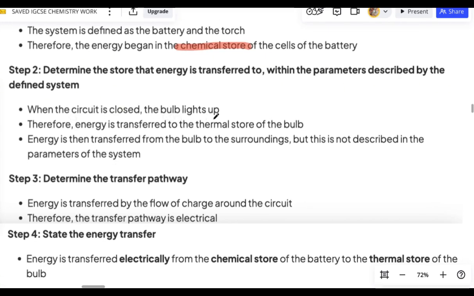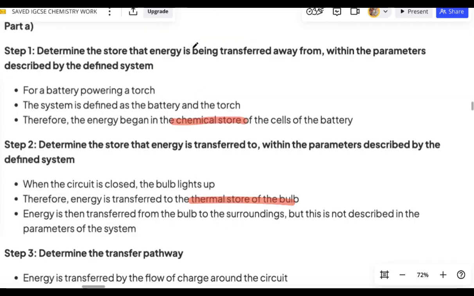When the circuit is closed, the bulb lights up. Therefore, energy is transferred to the thermal store of the bulb. Energy is then transferred from the bulb to the thermal store of the surroundings, but this is not described in the parameters of the system, so we can just mention the one that is mentioned.